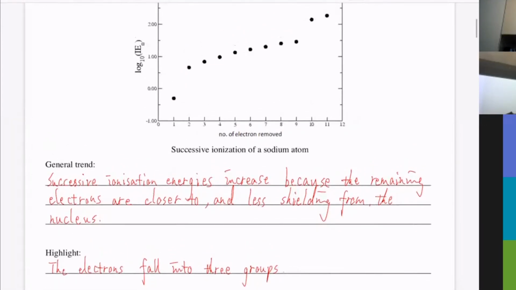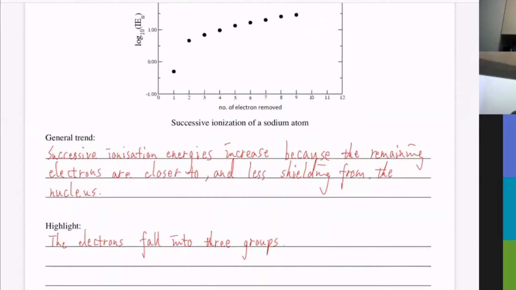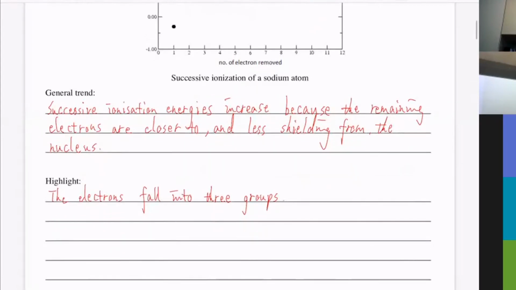And the last group, these 2 electrons, are the closest to the nucleus, so a large amount of energy is needed to remove them. So that's how you expand this. Maybe I will write the explanation for this too, because my explanation is a bit long, so you could write it in your own way, just to help you understand this part.